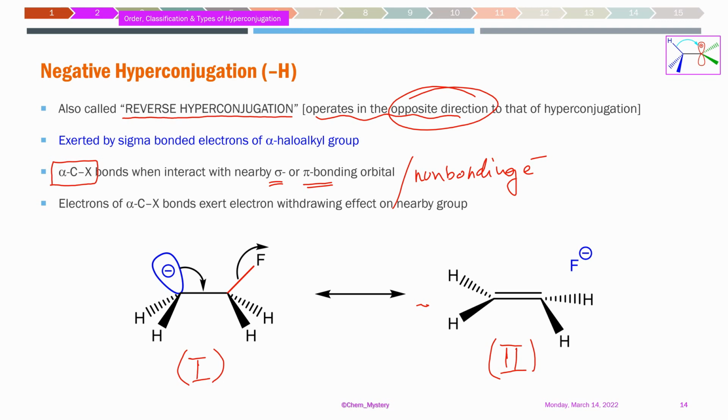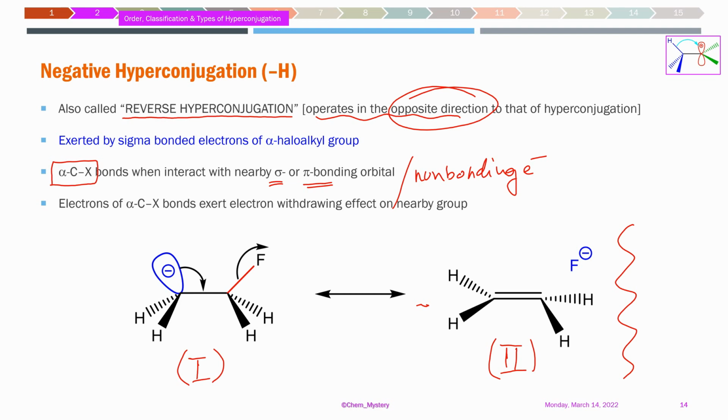Another example of negative hyperconjugation that we can see comes from alkenes. The pi bonded electrons can go into the antibonding molecular orbitals where we have an electron-demanding group. So in an alkene, if the alpha carbon has at least one halogen atom present, this kind of situation is possible. Say this was the carbon atom and this was the halogen atom, a chlorine.